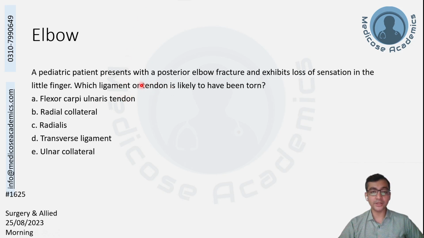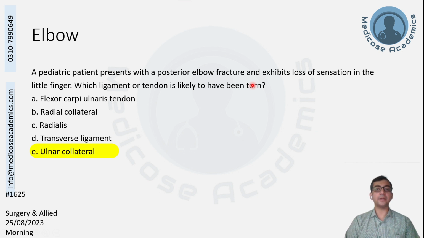Which ligament or tendon has been lost? So that question was asked in the opposite direction previously. The ligament that is related to this medial epicondyle is the ulnar collateral ligament. So that will be torn.